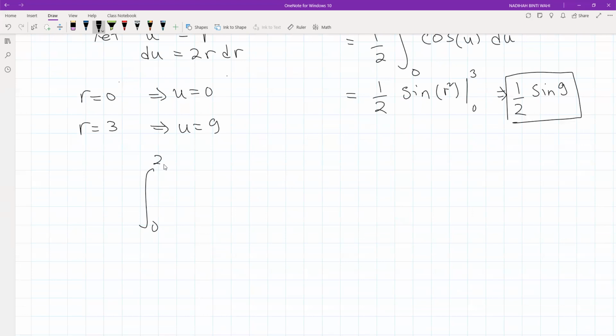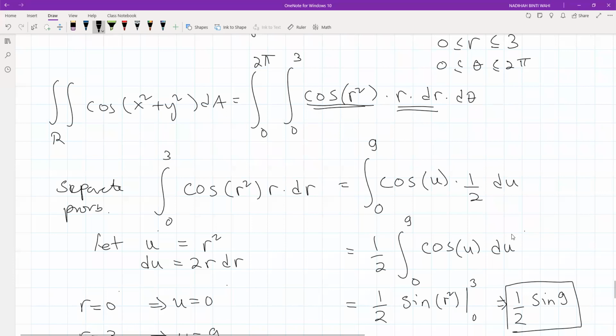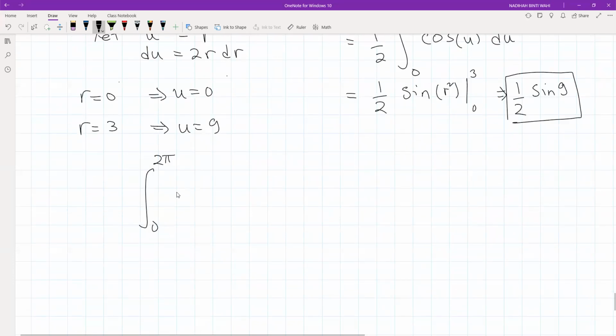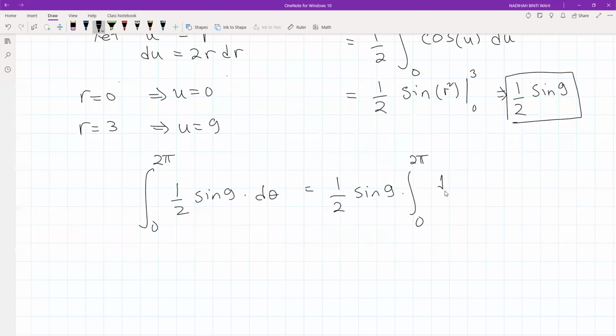From 0 to 2 pi, the inner integral is 1/2 sine of 9 d theta. The whole thing is a constant, so you can take it outside, from 0 to 2 pi d theta. So the value is just pi sine of 9.